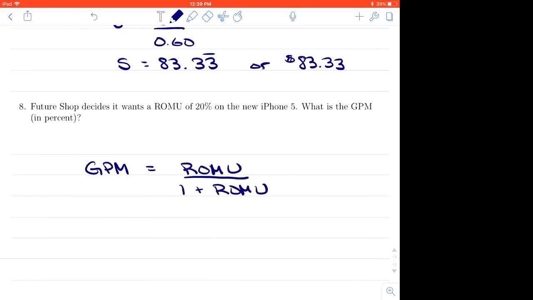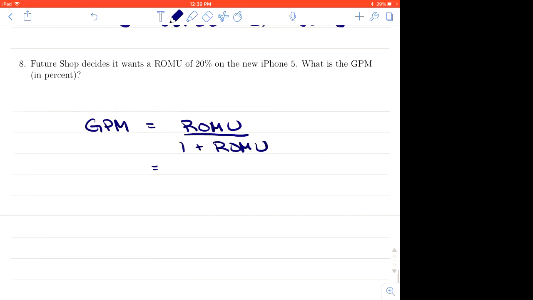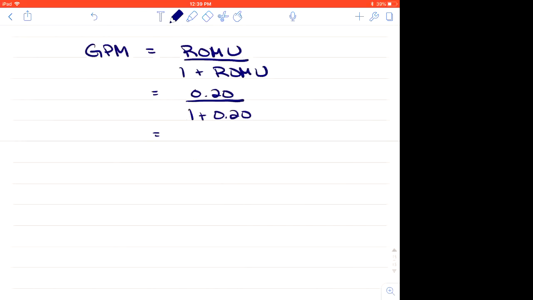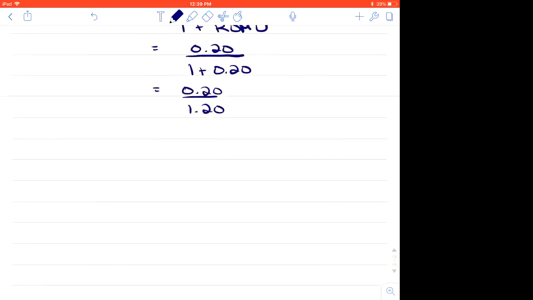The rate of the markup was 20%, so we have 0.20 over 1 plus 0.20. So we have 0.2 over 1.20. 0.2 divided by 1.2 is 0.166 repeating.